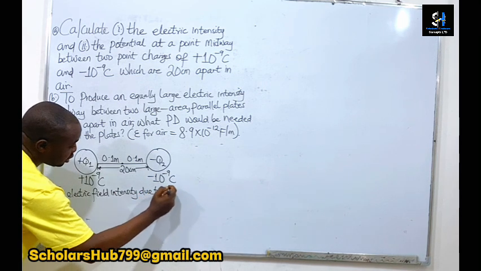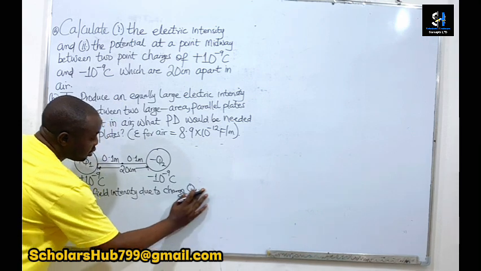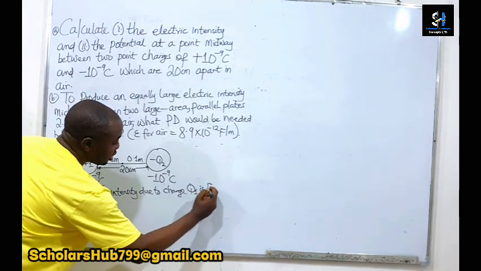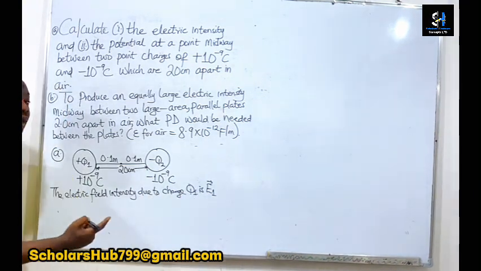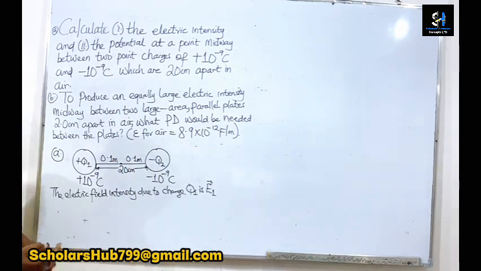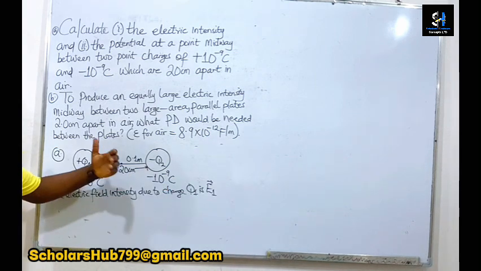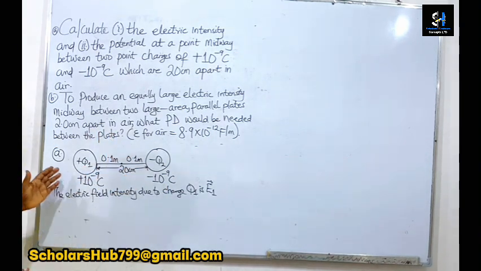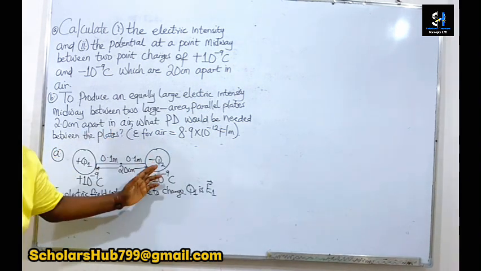So the electric field intensity due to charge Q1 is E1. Remember, electric field intensity is a vector quantity, and we know that electric lines of induction, or field lines of force, move away from a positive charge towards a negative charge.